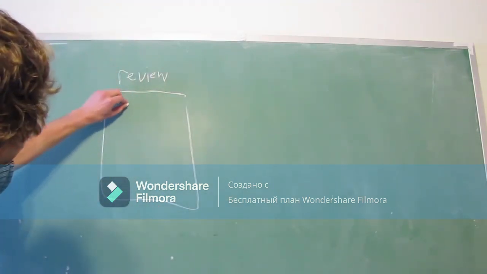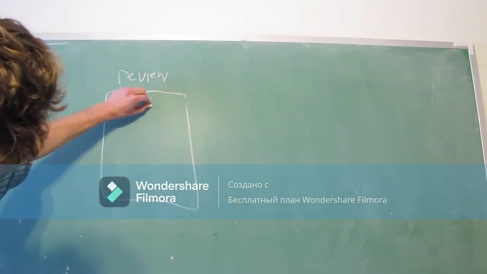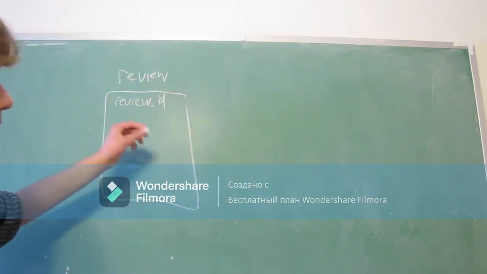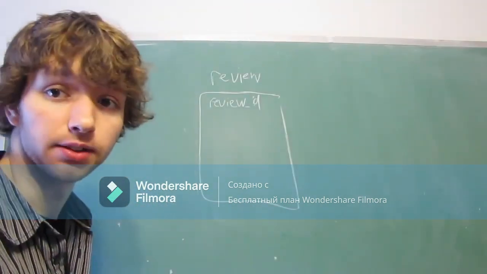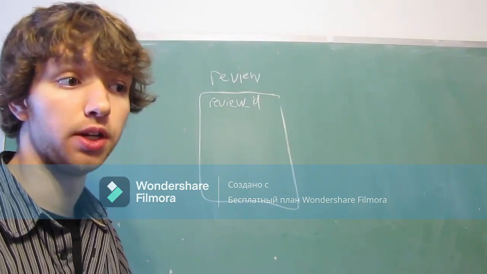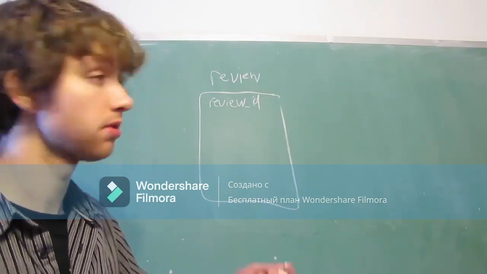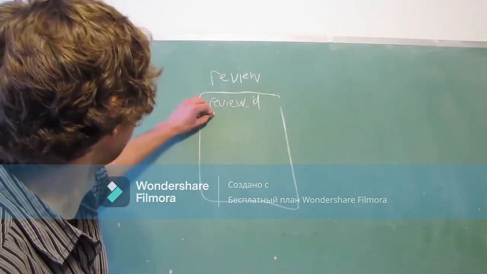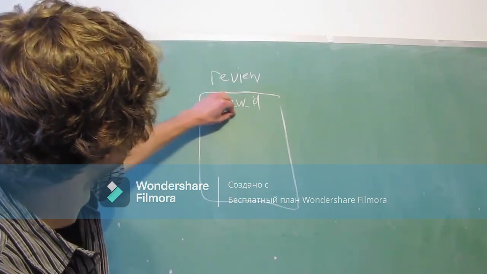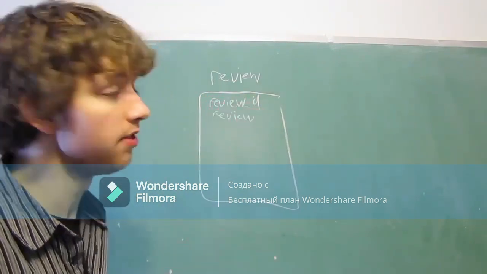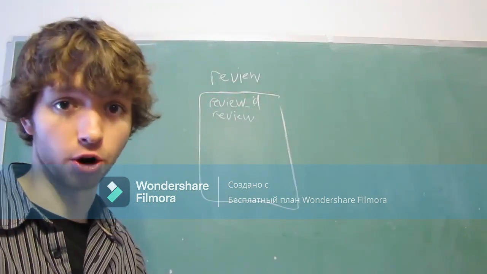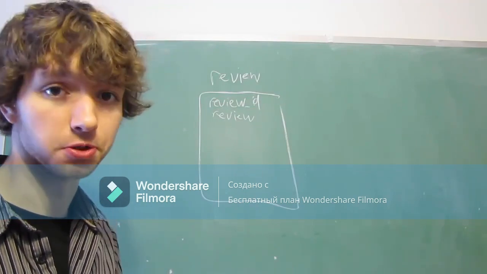But in this you would have something like a review ID, obviously, which will be the primary key. You would also likely have what that review is in text form, like a comment. So you would have the actual review, and then maybe a star rating or multiple star ratings.